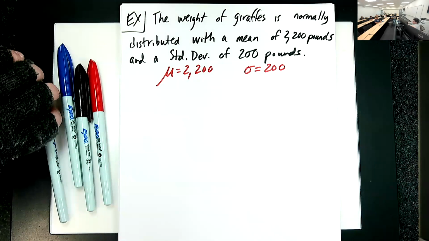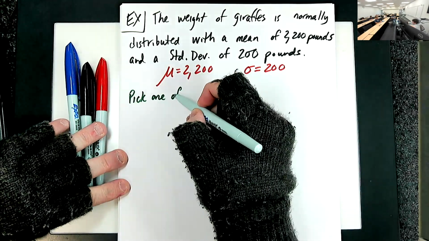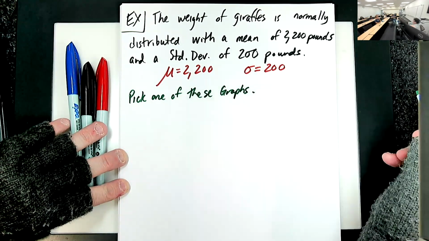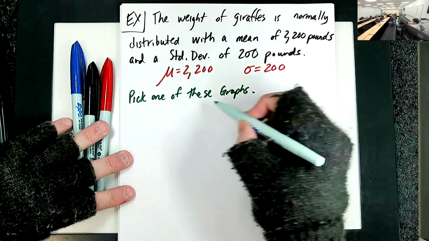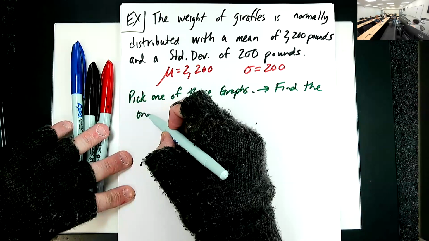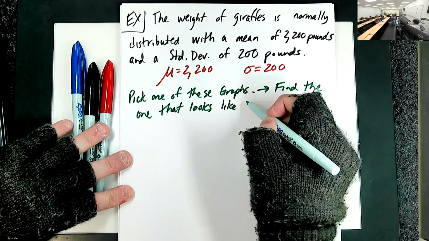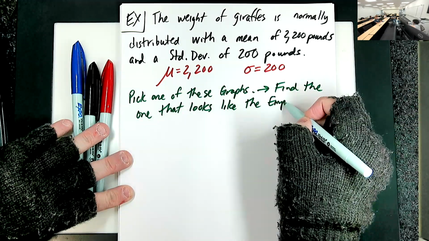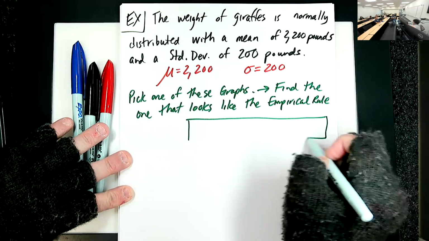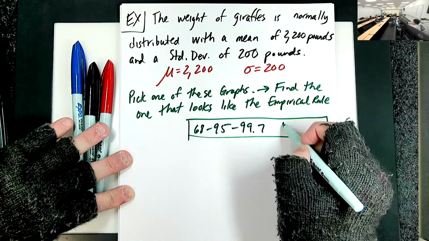They might ask you to pick one of these graphs and find the one that looks like the empirical rule, which is the same as that 68, 95, 99.7 ticks.